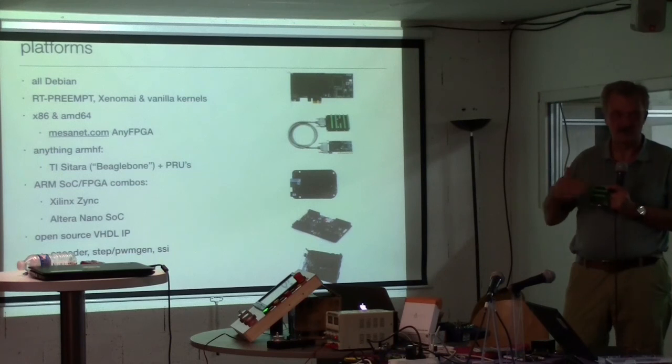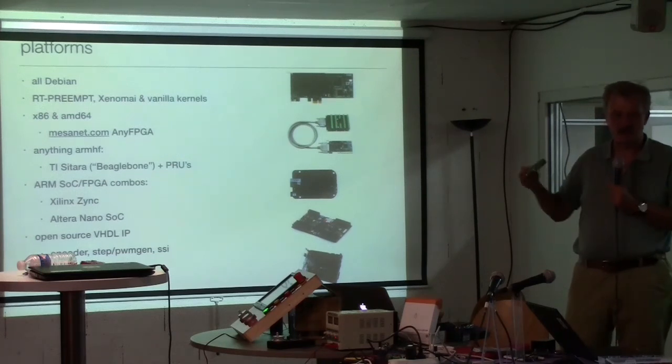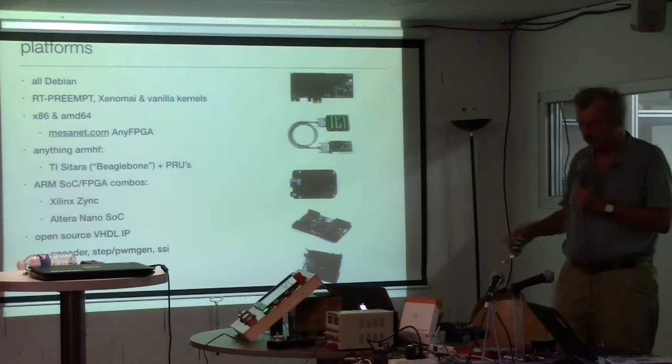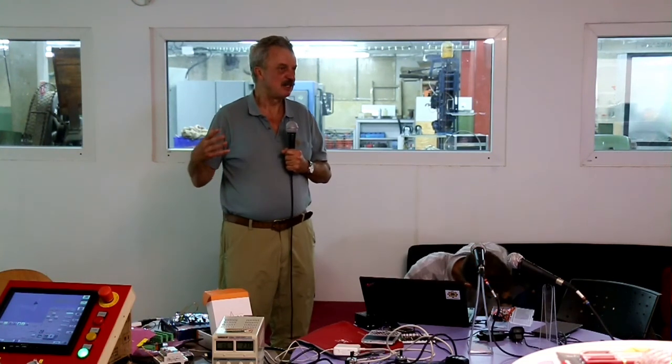Those are isolated, optocoupled, with decent connectors, not sensitive to static and all that. So that takes care of the I/O isolation problem quite well. And the FPGA firmware on these cards actually makes for very good signal generation quality for motion purposes, for driving steppers, PWM, encoders, and so forth. So those are quite popular.